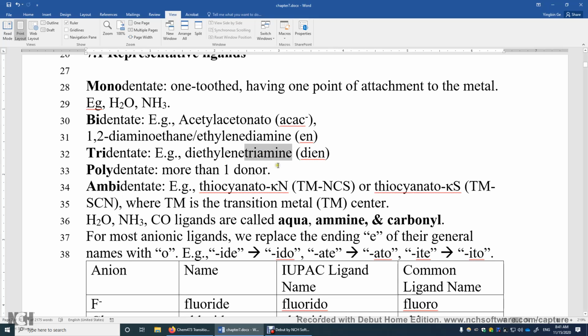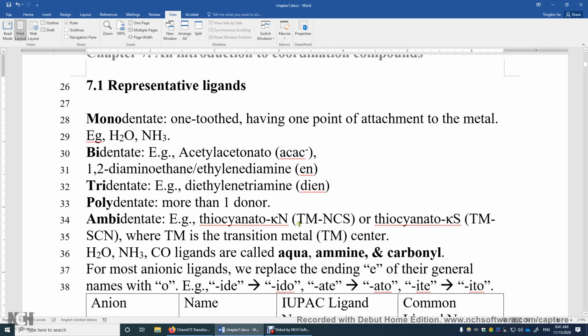And then this nitrogen can be bonded to the transition metal center. The sulfur can be bonded to the transition metal center. So in this case, we call this ligand ambidentate.